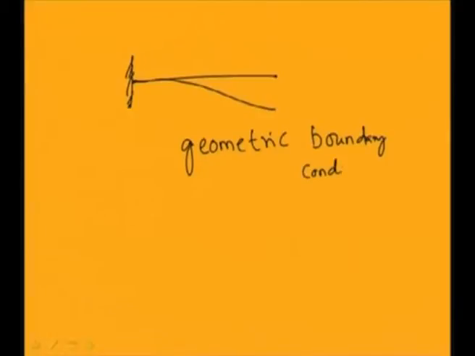So when it vibrates, the displacement will be like this. The displacement and slope are 0 here, and the bending moment and shear force are 0 at the other end. So you have seen there are two different types of boundary conditions available. One is the geometric boundary conditions, and the second one is the force or natural boundary conditions.